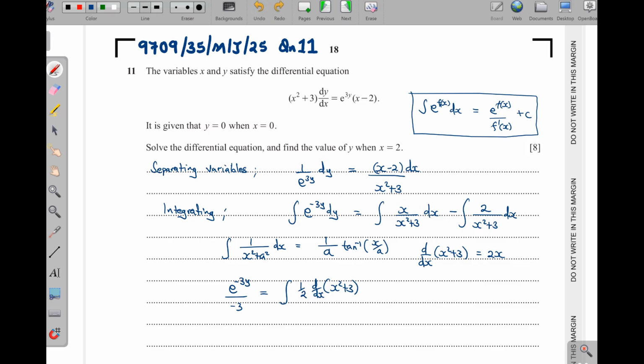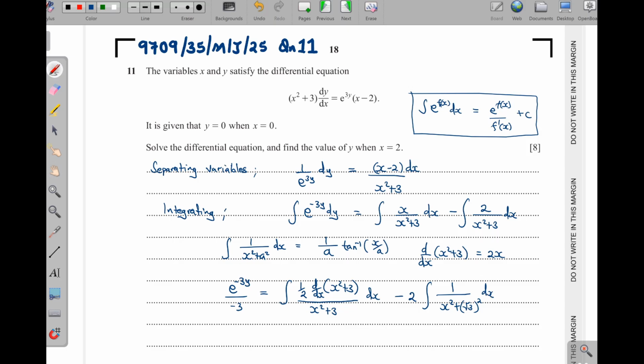We are together? Then we divide by this x squared plus 3, with respect to x, and then minus, put the 2 here, then we are integrating 1 out of x squared plus root of 3 squared.